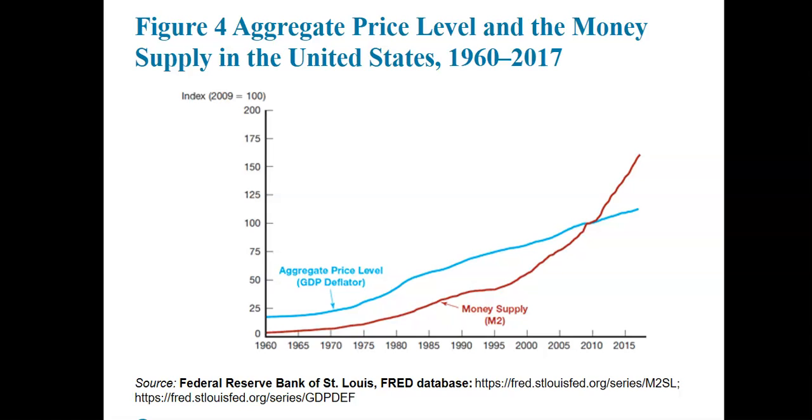As we can see, until about 2008, they've been pretty steady together, with the aggregate price level higher than the actual supply of money. In 2008, they cross, and that changes. So the price level is still going up, but our money supply changed in 2008.